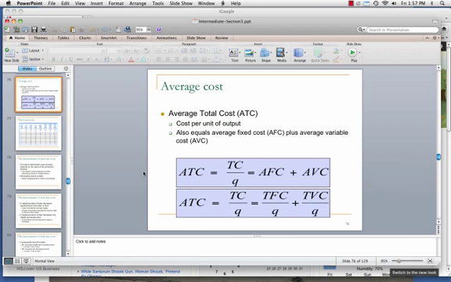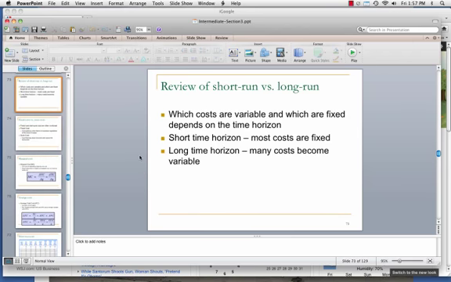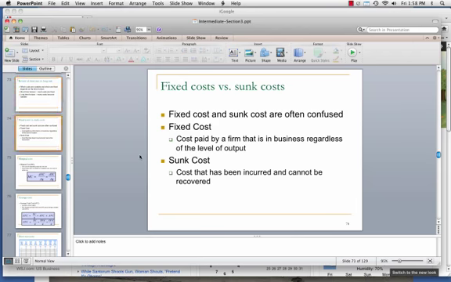Well, these are the costs that are associated then with that change in the productivity of labor. And so when we look at these slides here, the difference between the short run and the long run, again, is that in the short run, some of the costs are fixed. In the long run, all of the costs are variable.